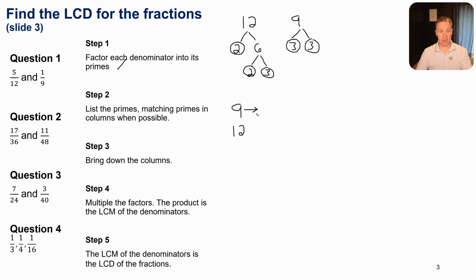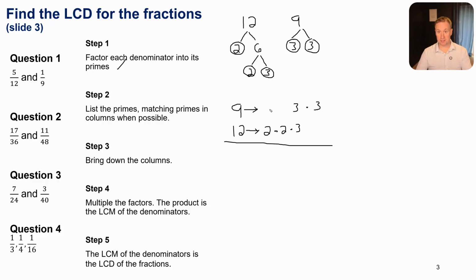So 9 is really 3 times 3. I'm going to put this out a little bit because 12 has some 2's in there. So I'm going to have 3 and 3. And then 12 is 2 times 2 times 3. When I find a least common multiple, this is different than simplifying, right? We're not crossing things out.